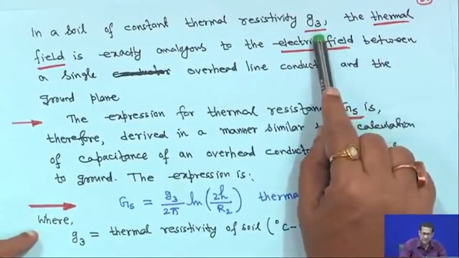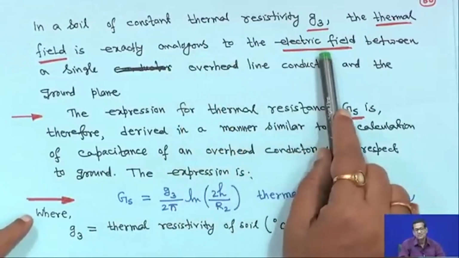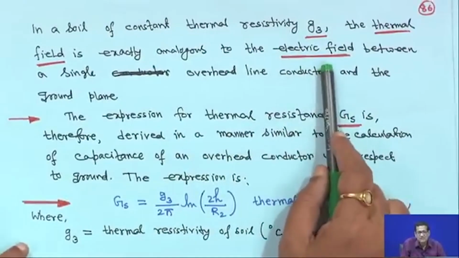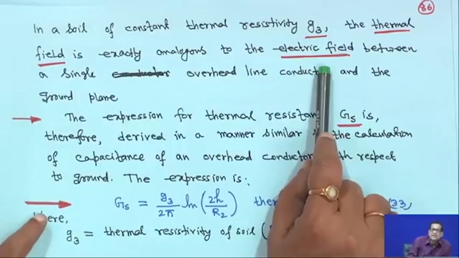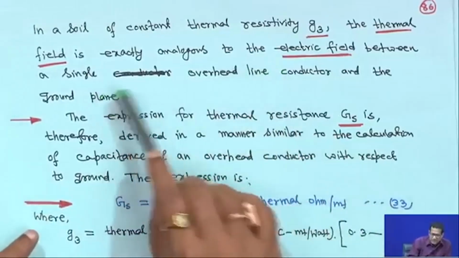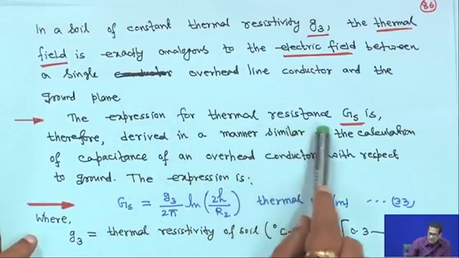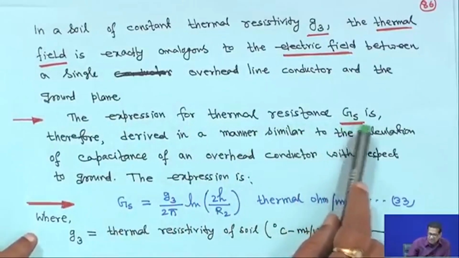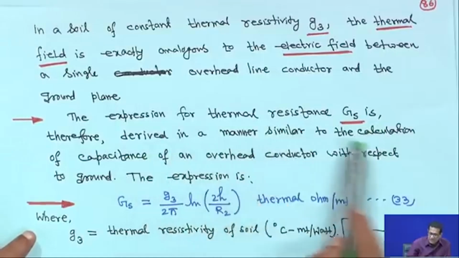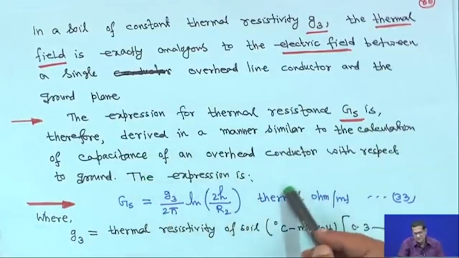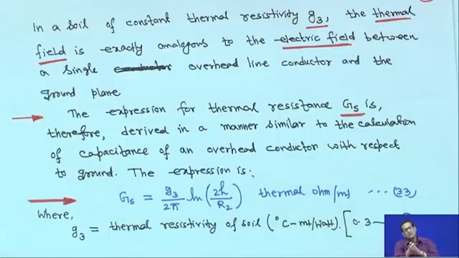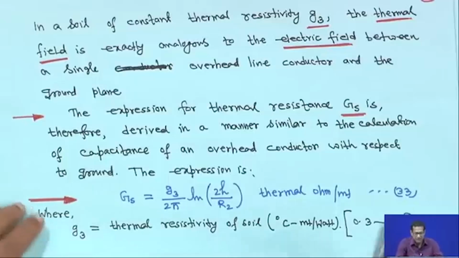say G3, the thermal field is exactly analogous to the electric field. Only the dimension is different for various quantities, but it is analogous to the electric field between a single overhead line conductor and the ground plane. So, the expression for thermal resistance Gs, that is for soil, is derived in a manner similar to the calculation of the capacitance of an overhead conductor with respect to ground. In the capacitance topic, to find the capacitance of an overhead conductor, we use the same expression, but analogous to that.